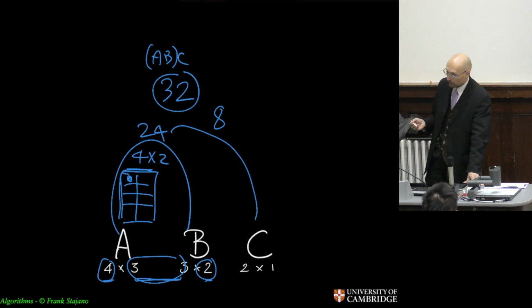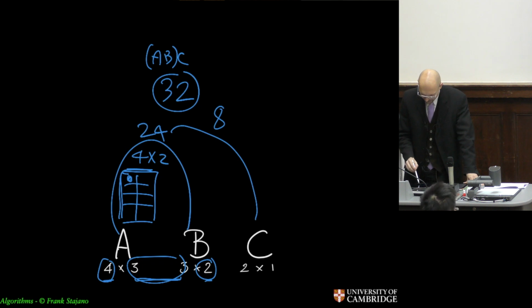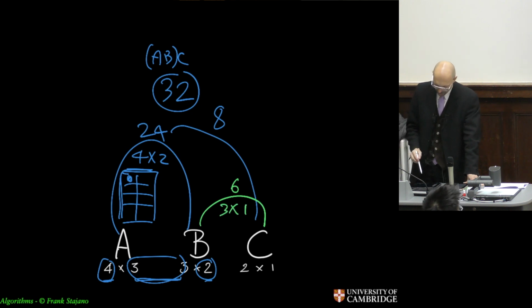I might, however, also first multiply B times C. So B times C gives me 3 times 2 times 1, which is 6. And then I get a 3 times 1 matrix. And if I multiply this by the 4 by 3 matrix I have here, 4 by 3, 3 by 1, then 4 times 3 times 1 gives 12.